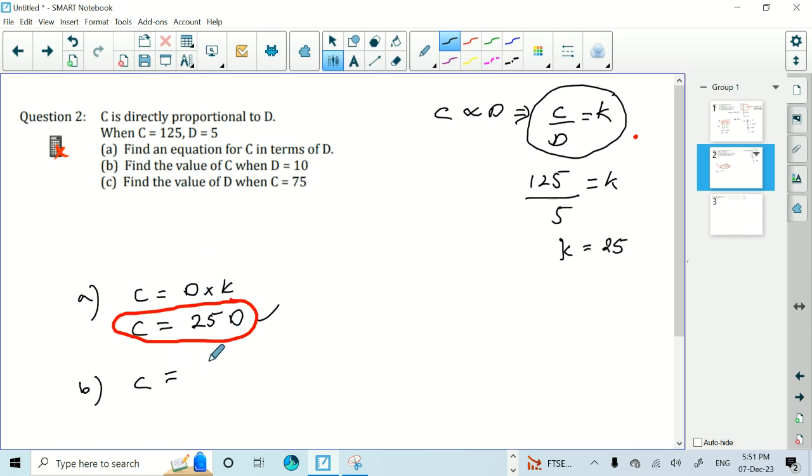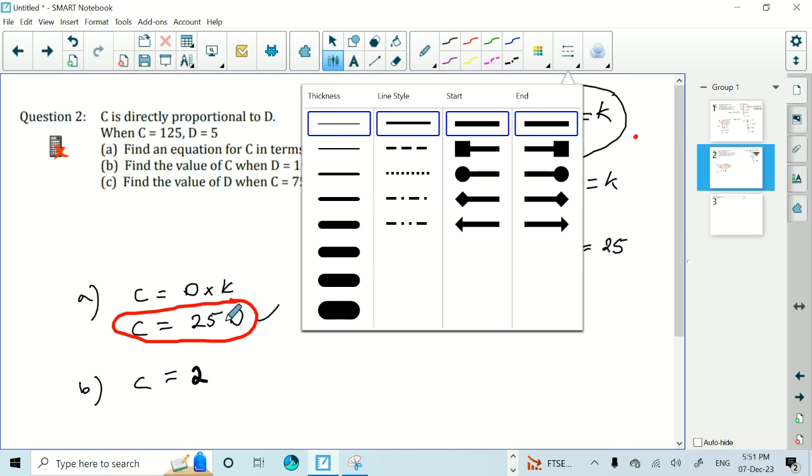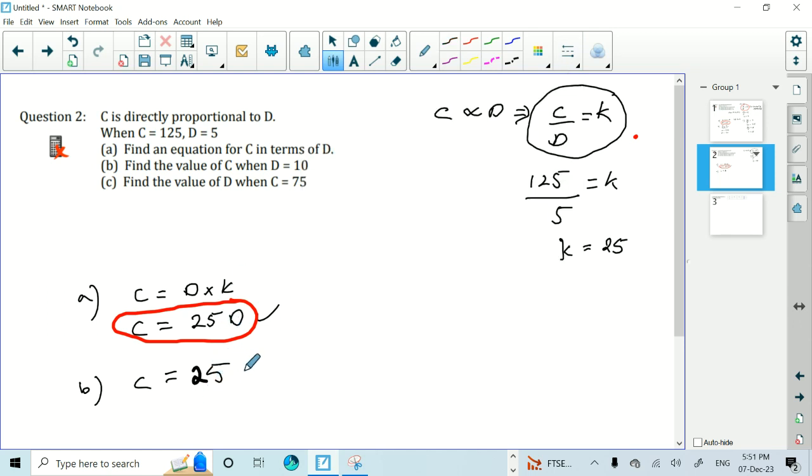C is equal to 25D. It says find the value of C when D is equal to 10. So I'm going to substitute that value. Oh, my thickness has changed. We change it back. It's all real time. 25 times 10. So C is equal to 250. And that's good to go.